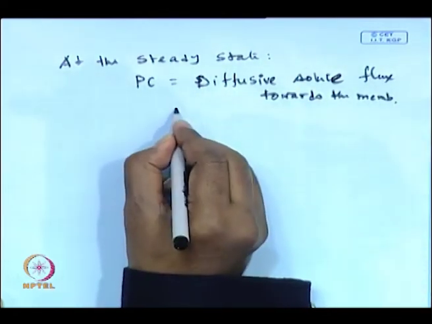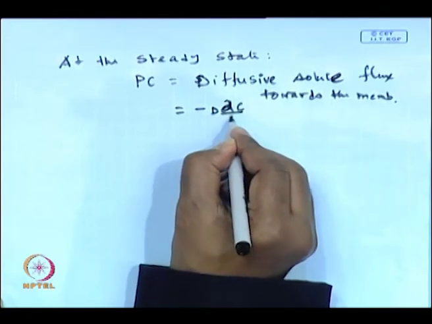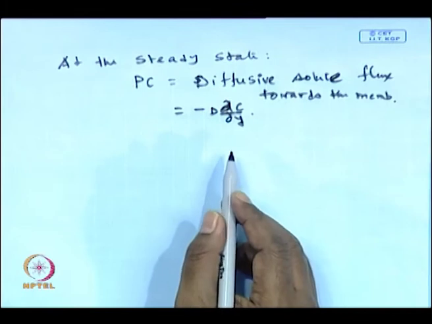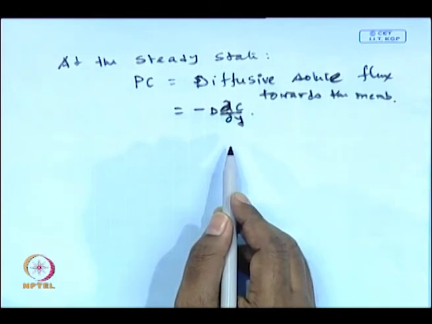What is the diffusive solute flux? That will be minus D del C del y, that is Fick's law. So the amount of solute per unit time per unit cross sectional area arriving at the membrane surface will be immediately transported to the other side via the solute permeability present there.